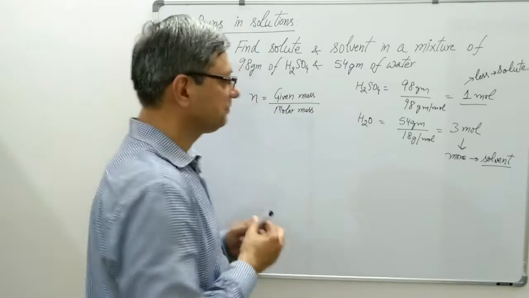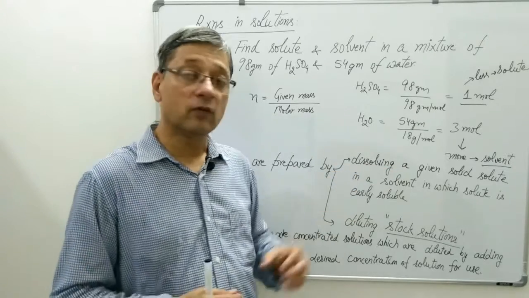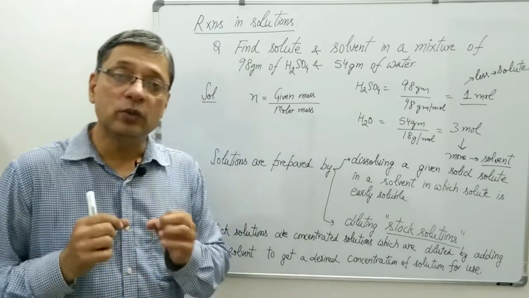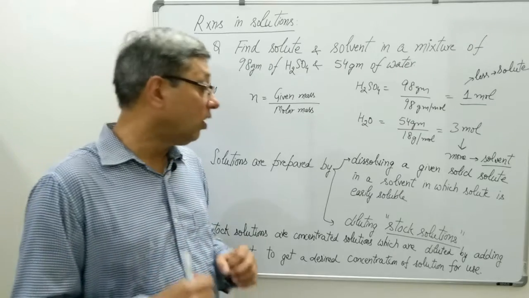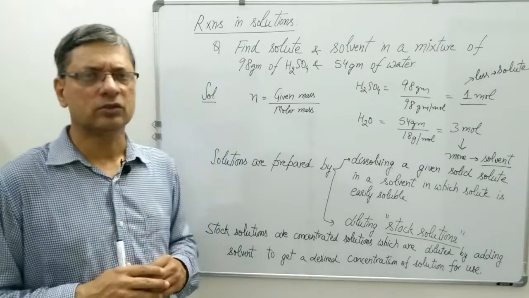Let me write first. Solutions are prepared by dissolving a given solid solute in a solvent in which solute is easily soluble, or by diluting stock solutions. What are stock solutions?